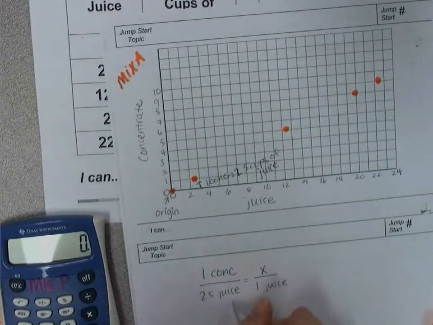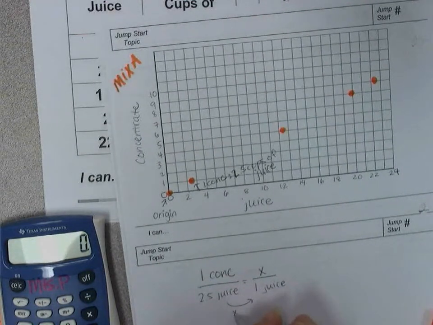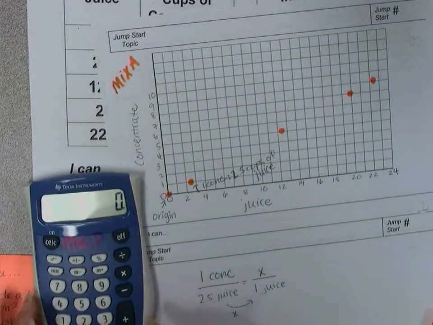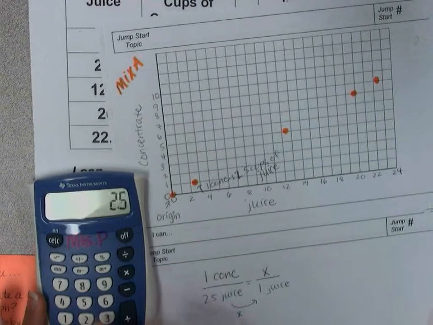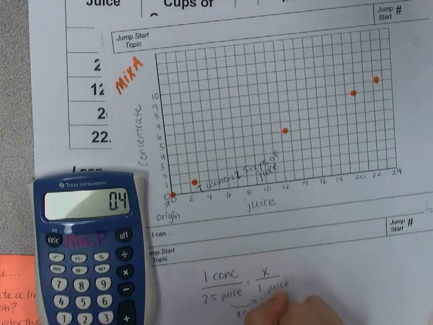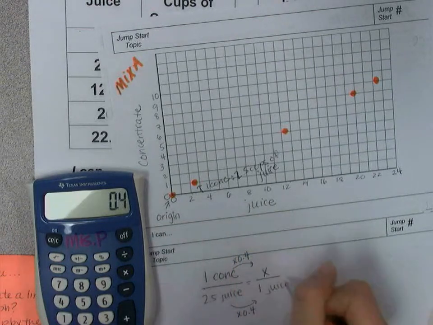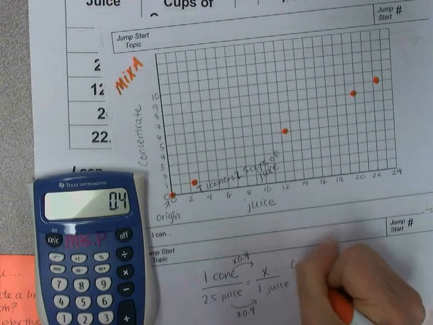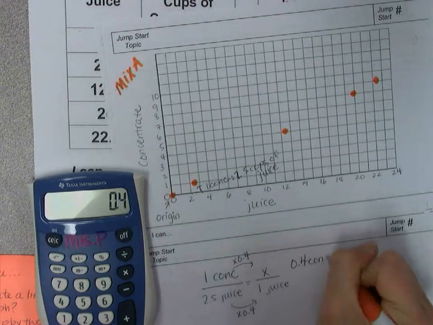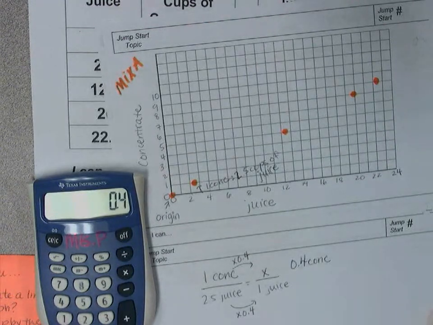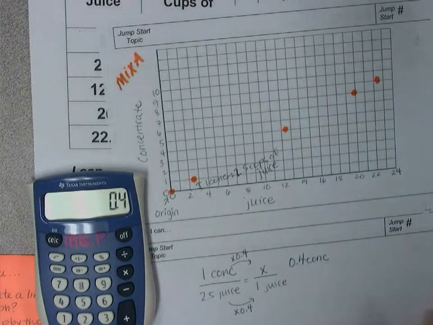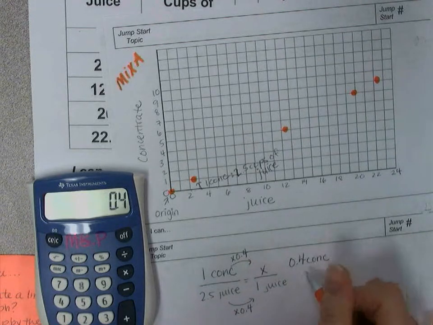So to go from 2.5 to 1, we'd have to multiply by 1 divided by 2.5, which is 0.4. So 1 times 0.4 would give us how much concentrate we need. So every 0.4 cups of concentrate will give us 1 juice. Woohoo! That would also count as our unit rate.